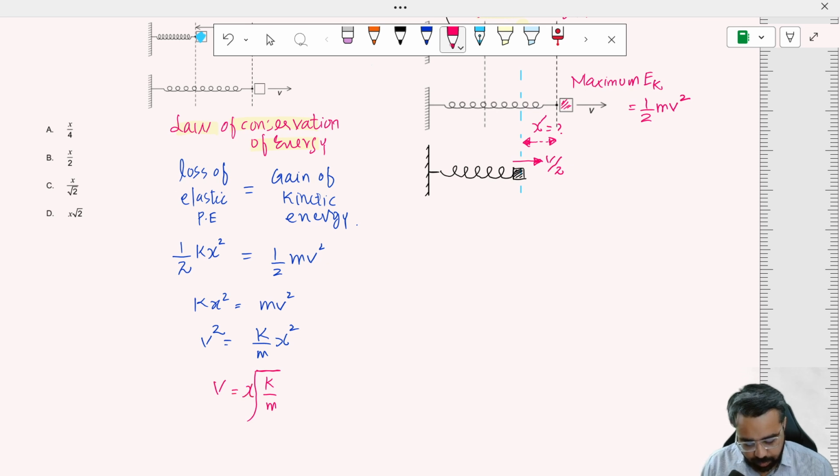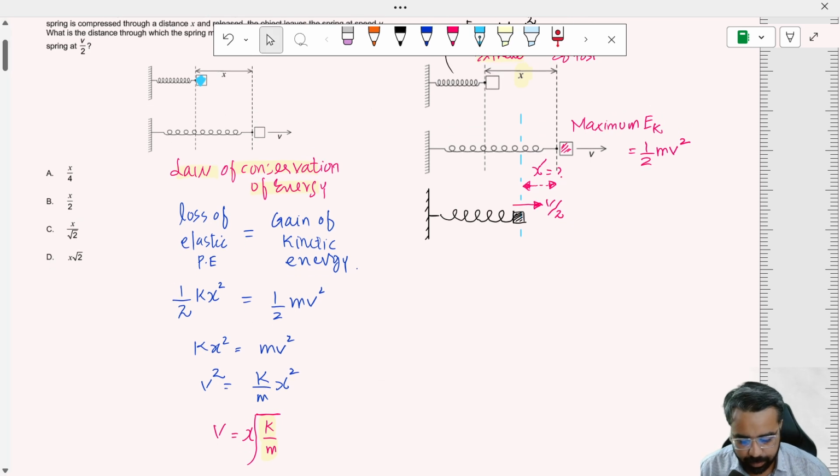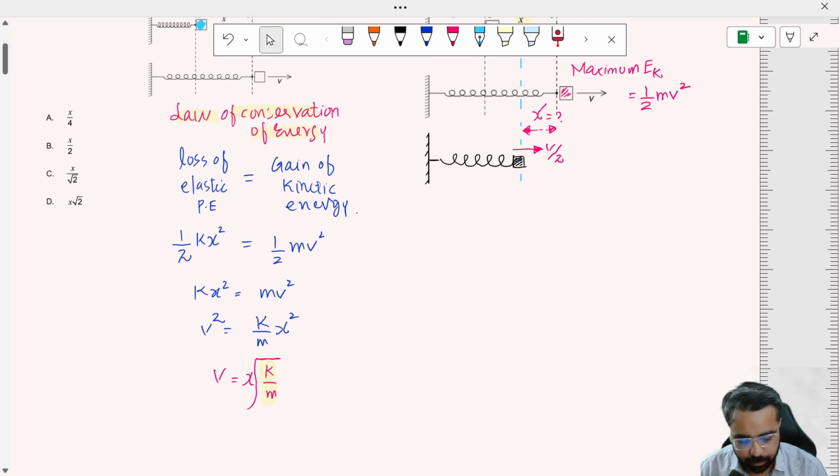You see that these two things, the spring constant and the mass of the object, will not change while the object is moving, so they are constant. Now what do we get from this? That the velocity or speed is directly proportional to x.